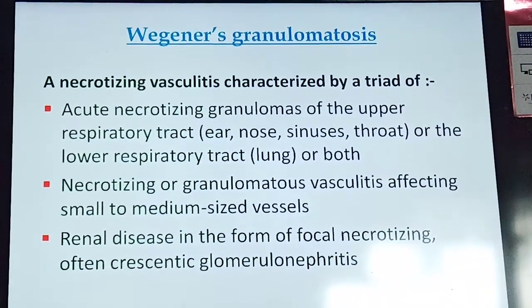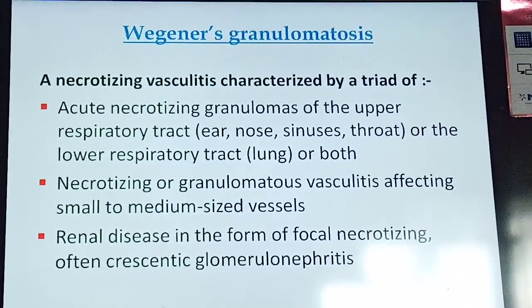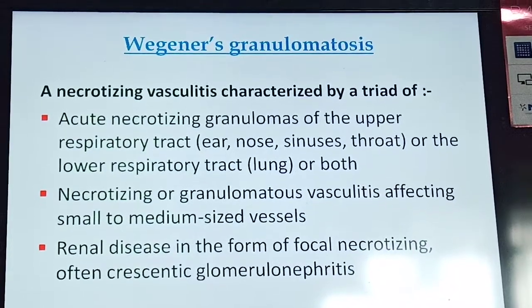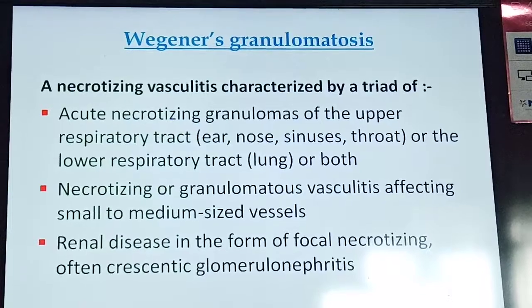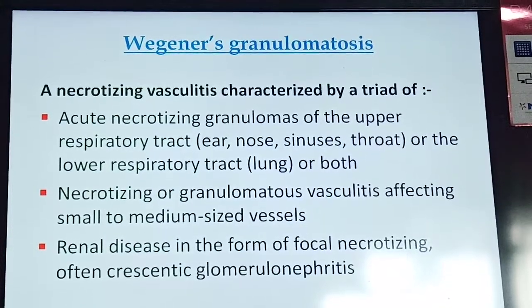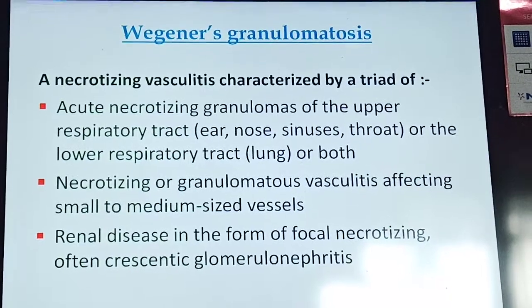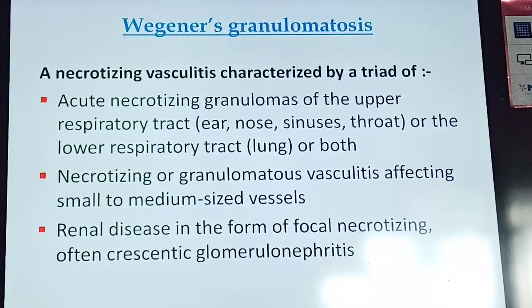In small vessel vasculitis, one is Wegener granulomatosis. It is a necrotizing vasculitis characterized by a triad. First, acute necrotizing granuloma of the upper respiratory tract that may involve the ear, nose, sinuses, throat, or the lower respiratory tract like the lung, or both.